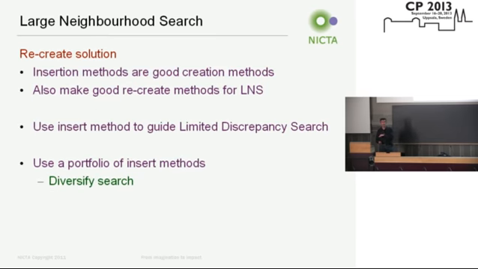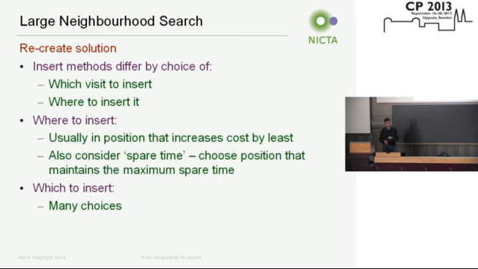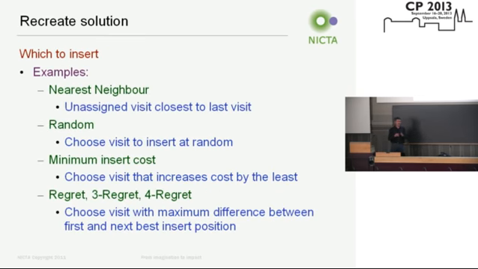Or I can use one of my favorite create methods. So insertion methods is the obvious choice. Because once again, once I've got this partial solution and I'm building it up again, my propagators are going to help me, are going to guide me towards the feasible solutions and the best solutions. So there's a whole bunch, and the nice thing is that you can use a portfolio of insert methods, a bunch of different insert methods to diversify your search.